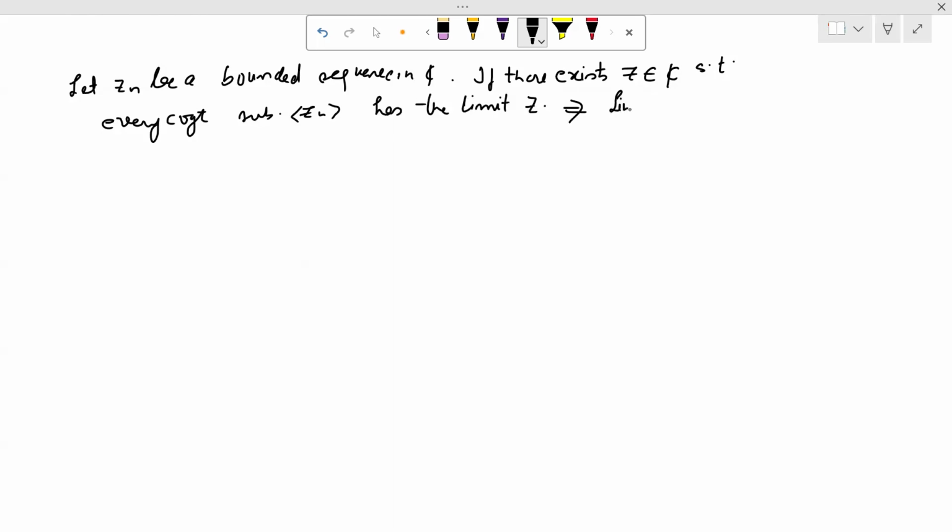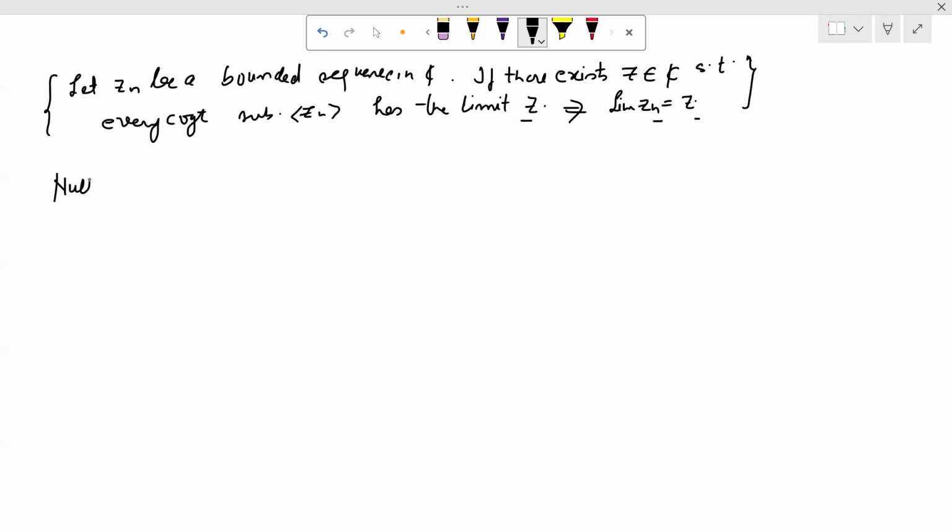It implies that the limit of Zn is equal to Z. So if every convergent subsequence of Zn converges to the same limit Z, then the limit of the sequence is also the same, that is Z. I hope it is clear. Okay, so this is most of the things about sequences in C that I wanted to discuss.